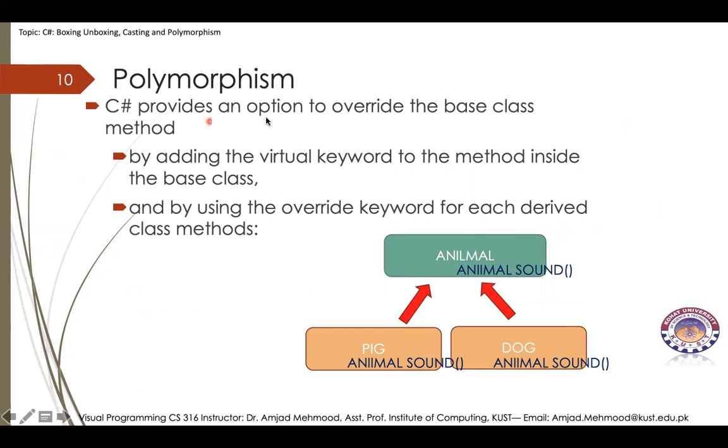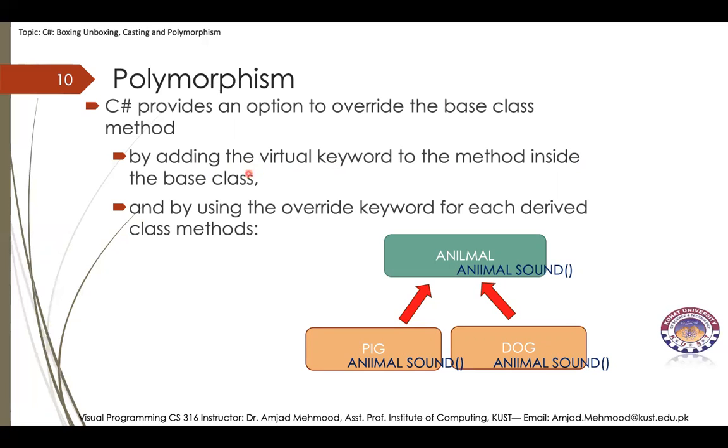C# provides an option to override the base class method by adding the virtual keyword. So you have two options, virtual or abstract. If you ask me, I'll explain it like this: virtual means optional overriding, and the keyword abstract means mandatory overriding.